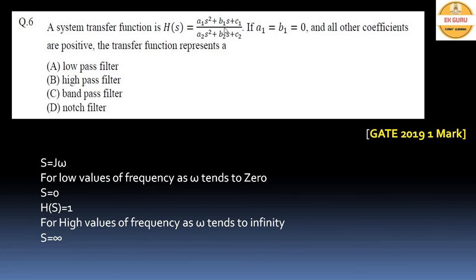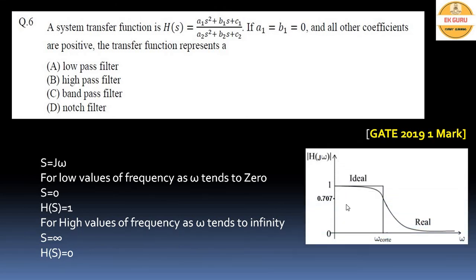That will become C1 by infinite, so H of S is equal to 0. If we represent H of S with respect to a graph, it looks like this: 1 for low values of frequency, and for higher values of frequency it is 0. That means the given system transfer function is a low pass filter. It will allow the lower frequency signals only, hence the answer is low pass filter.